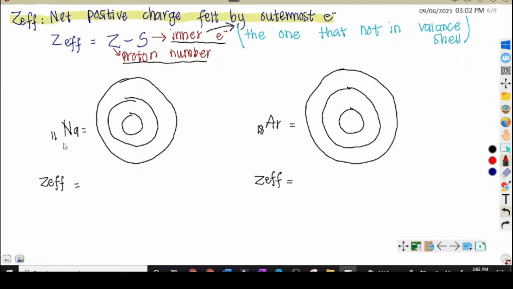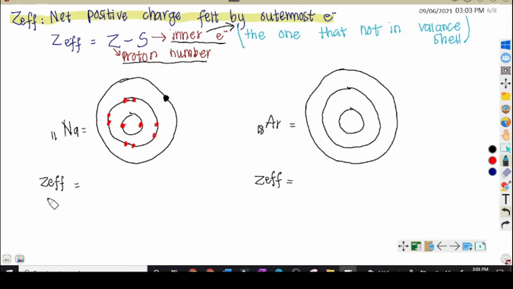For sodium, the proton number is 11. So we fill in the first shell with 2 electrons, the second shell with 8 electrons, and the last shell with a valence electron of 1.